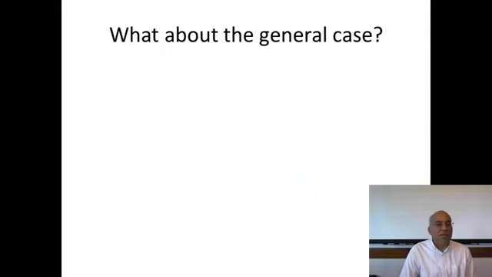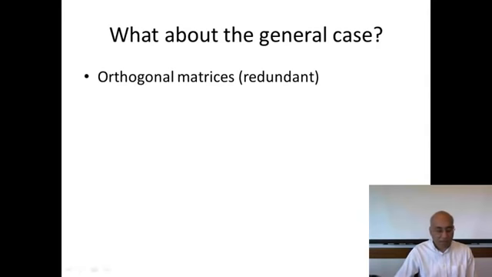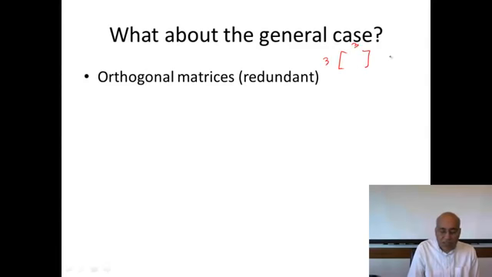So there are many different ways of specifying rotations in 3 dimensions, and let's consider what they are. First is orthogonal matrices. This is very natural. This corresponds to the fact that rotation is a linear isometry. But orthogonal matrices are redundant because you have a 3 by 3 matrix, so this corresponds to 9 parameters.